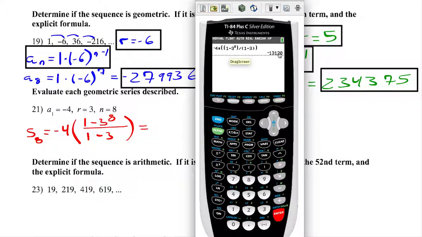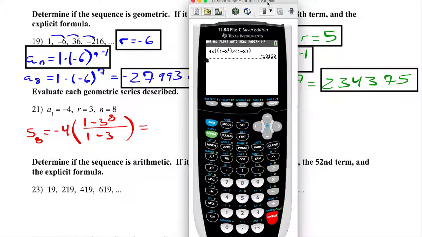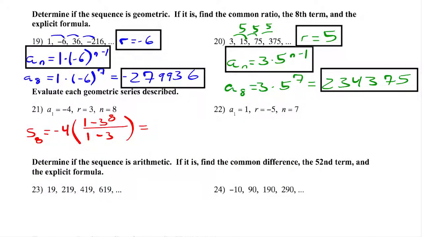And so I should get negative 13,120. So negative 13,120. And that is our sum.